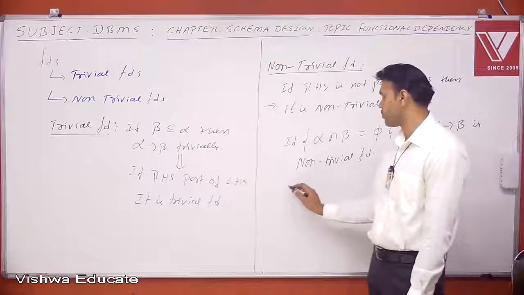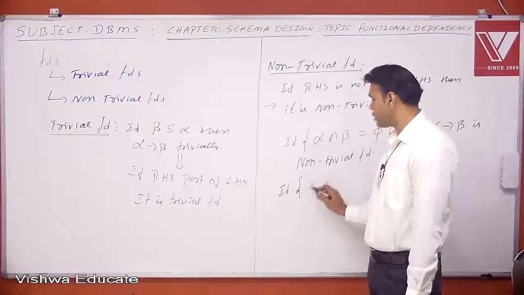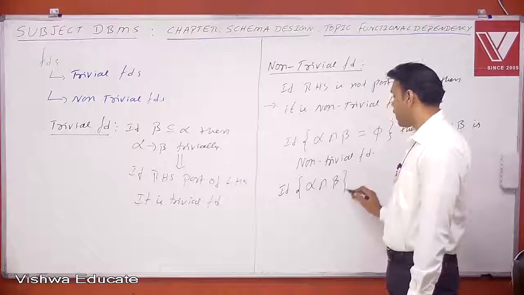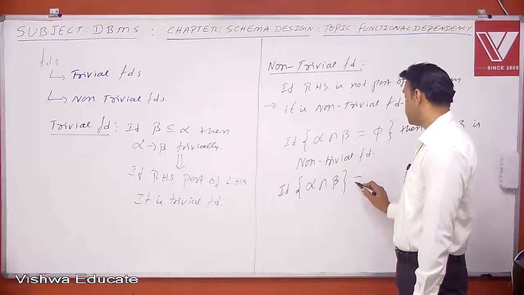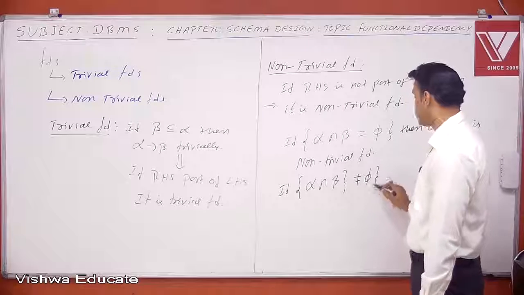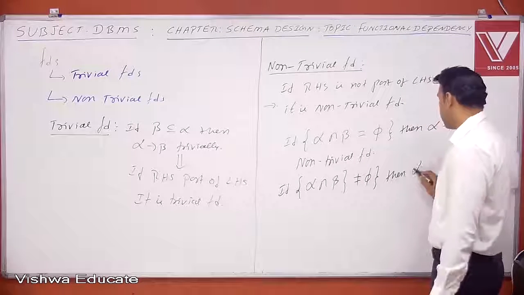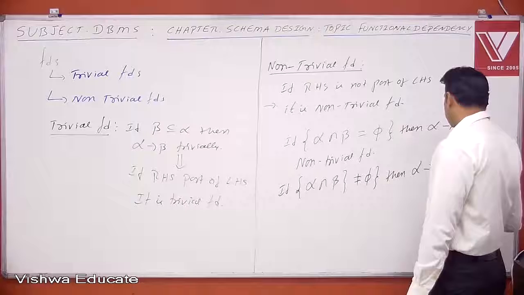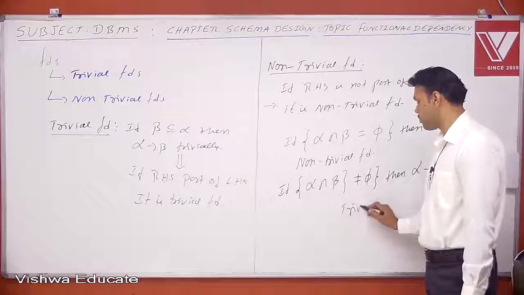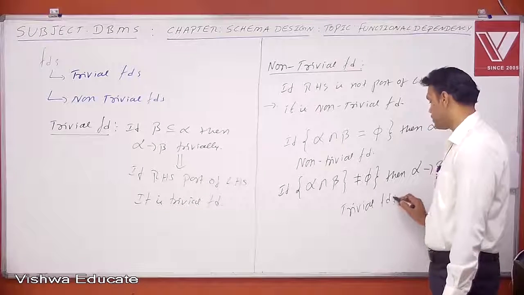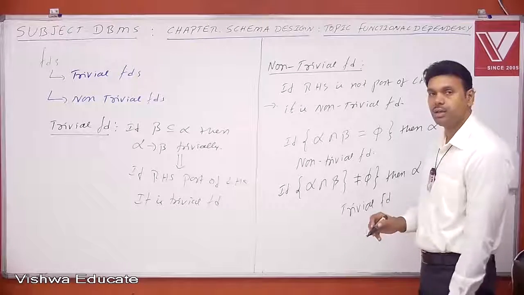Simple definition. These are all shortcuts. If alpha intersection beta is not equal to phi, then alpha tends to beta is which FD? Trivial FD. That's it.